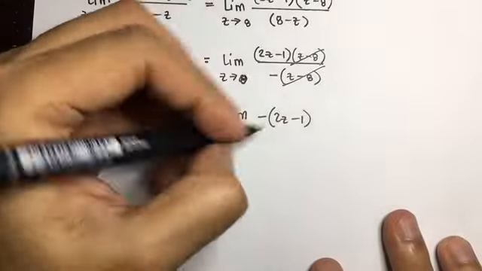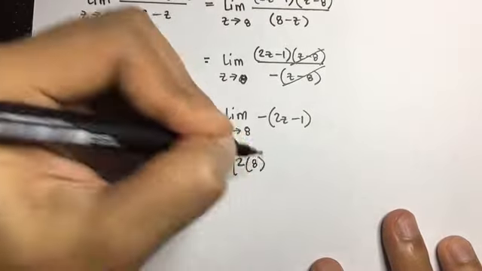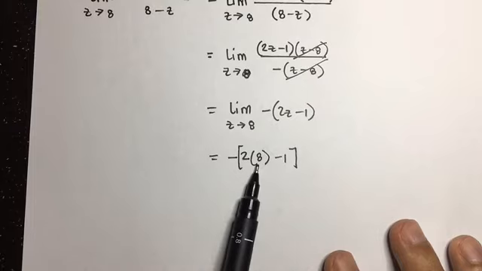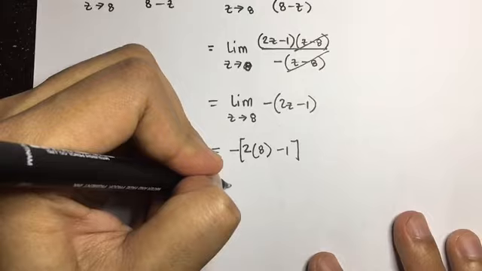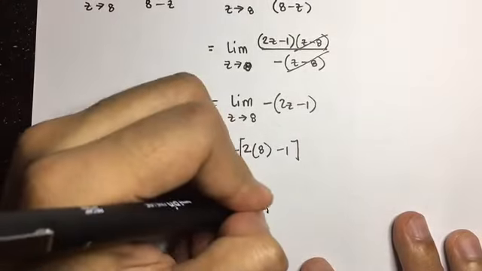We can now substitute 8. This becomes negative (2 times 8 minus 1): 2 times 8 is 16, minus 1 is 15, with the negative outside. Therefore, the value of the limit is negative 15.